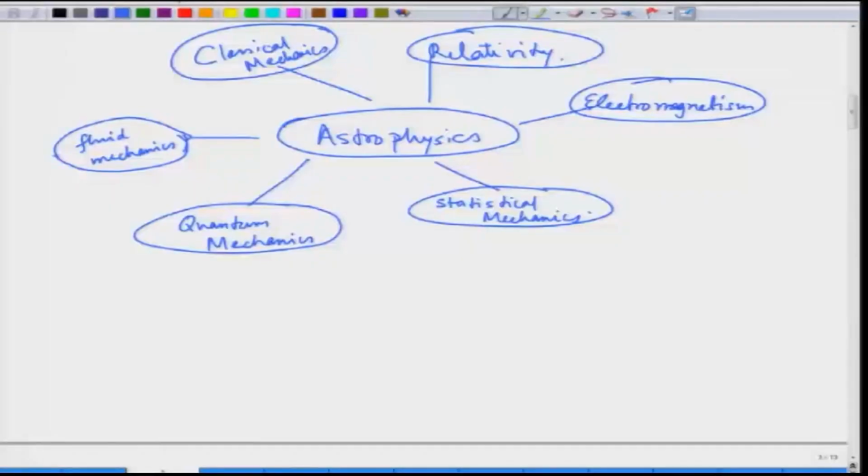So, that was the standing of astrophysics, which is the confluence of these 6 domains. Now, out of all these things, in the scope of the current course, what we will be trying to do is to form a formal theory in scientific language, what we call the dynamical theory.